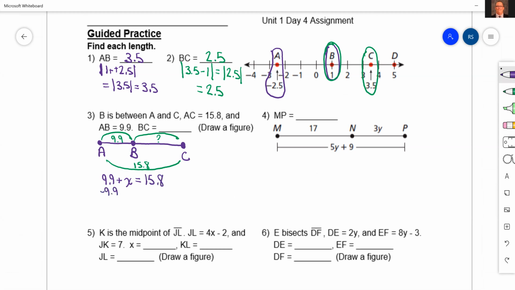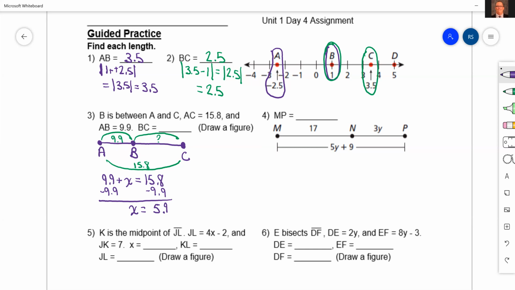Subtract 9.9. X equals 15.8 minus 9.9, which is 5.9.